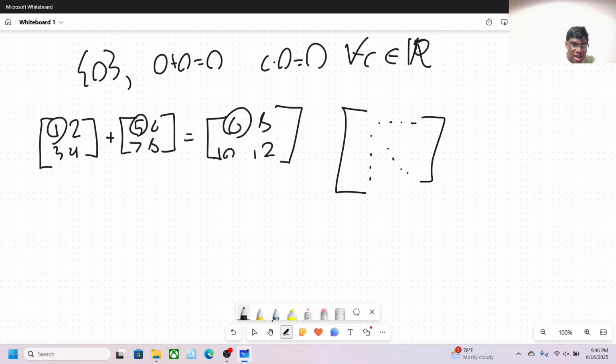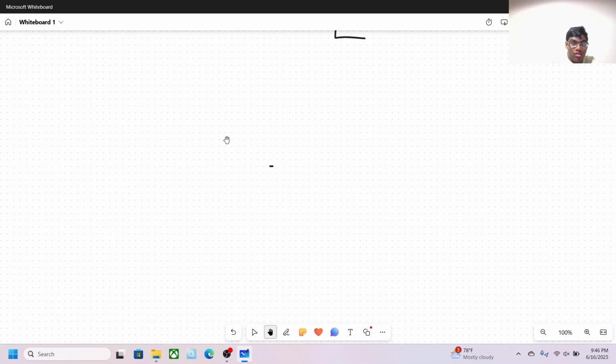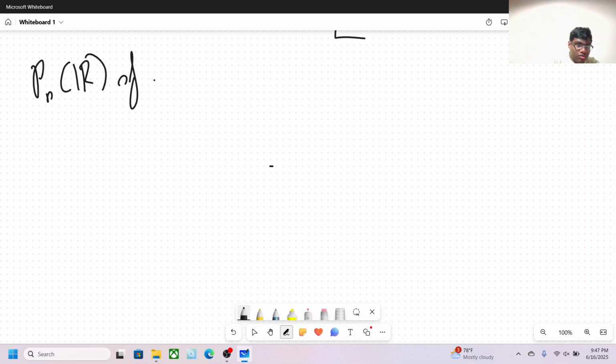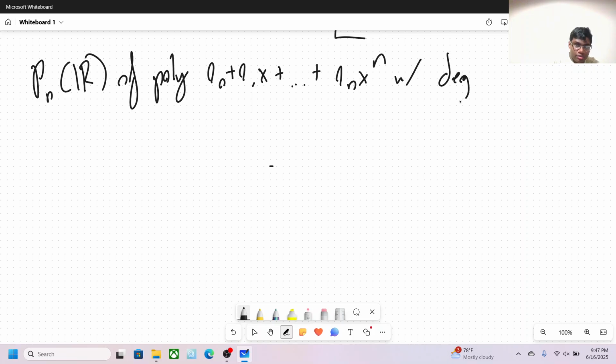And perhaps a more abstract example, maybe one that you might assemble from the sets, is going to be the set of polynomials, P_n(R), of polynomials a0 plus a1x plus ... plus an x^n with degree less than or equal to n.